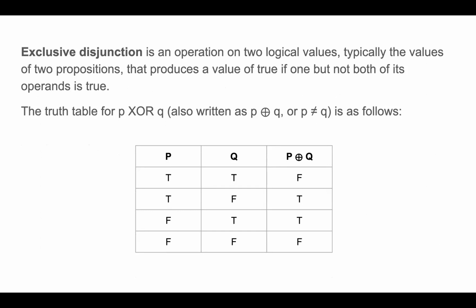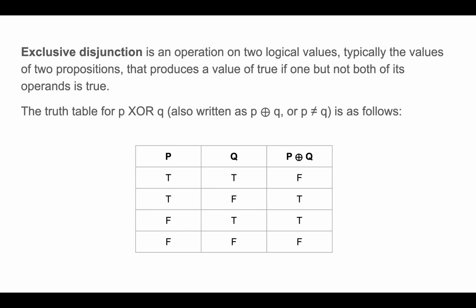If either of the propositions is true, then P XOR Q is true. That means if P is true and Q is false, then P XOR Q is true. If P is false and Q is true, then P XOR Q is also true. What about the XNOR operation? It is the negation of XOR.